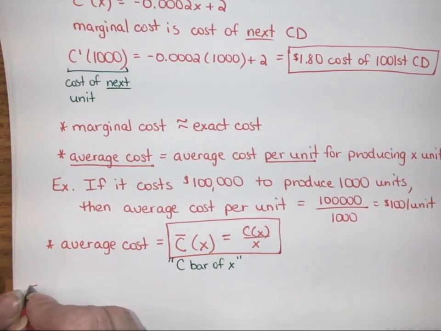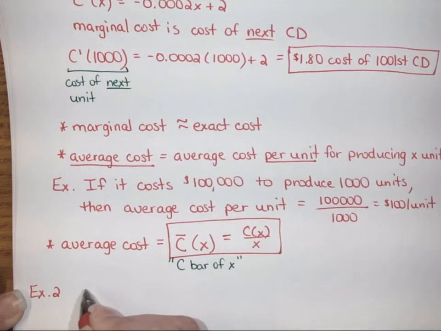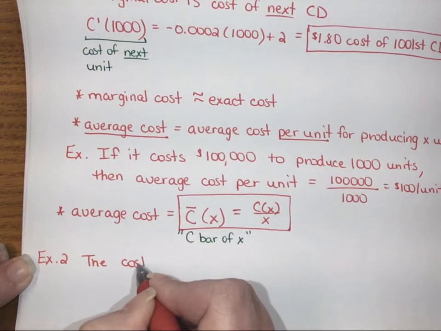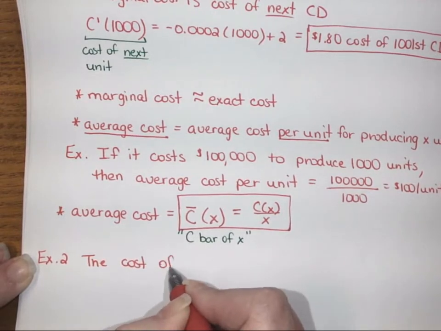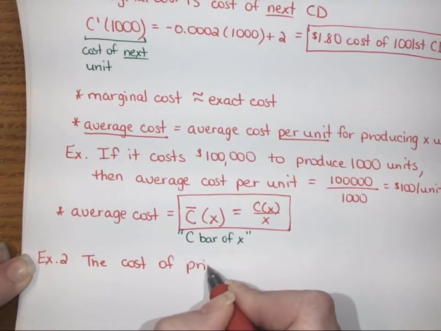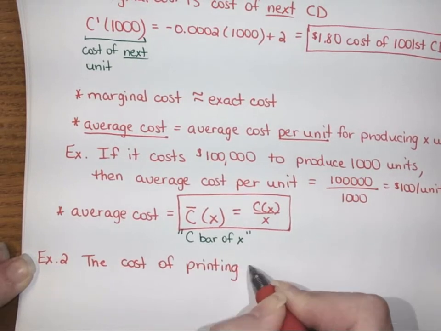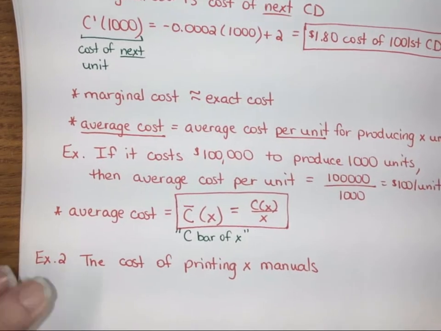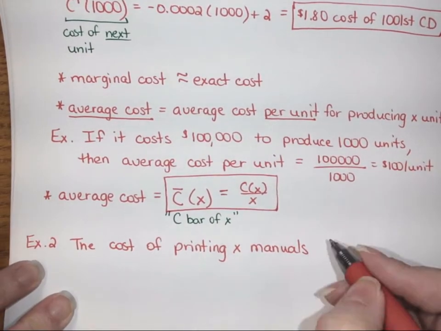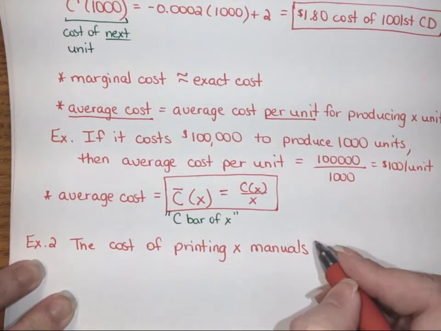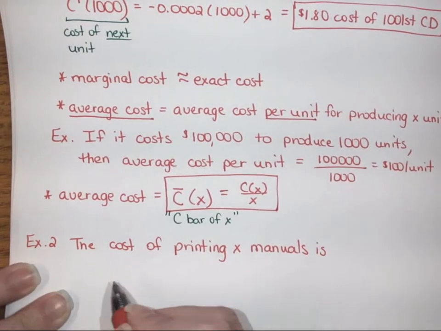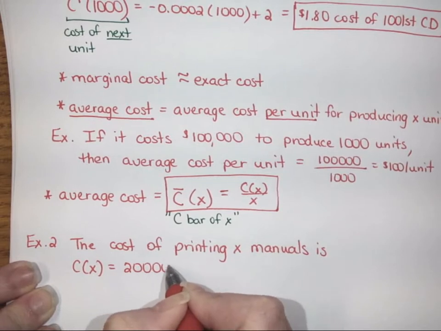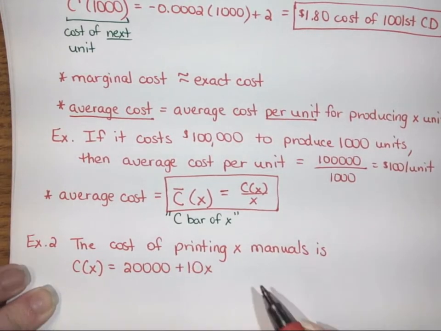Okay, so let's look at maybe a word problem about average cost. Let's say that you were making large manuals for some manufacturer, and the cost of printing x manuals is C of x equals 20,000 plus 10x.